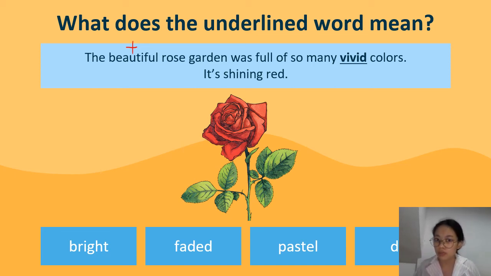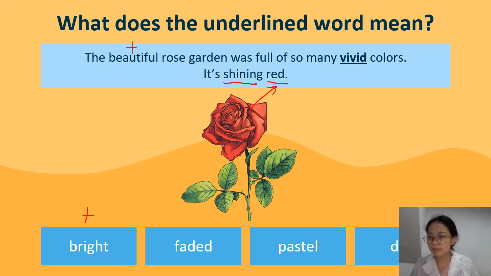Oh, shining. This is red color, right? Shining is like the word sunshine. Sunshine. I'm not sure. Is it hot? So is it becoming negative or positive? Let's see. Bright. It's kind of positive. Something bright, not dark. It's positive.